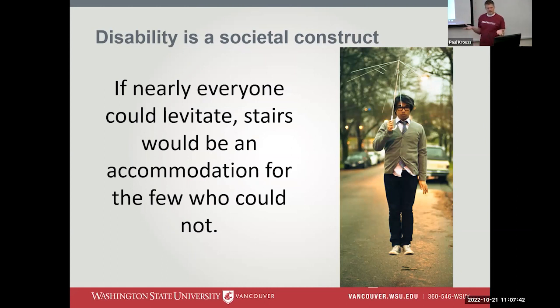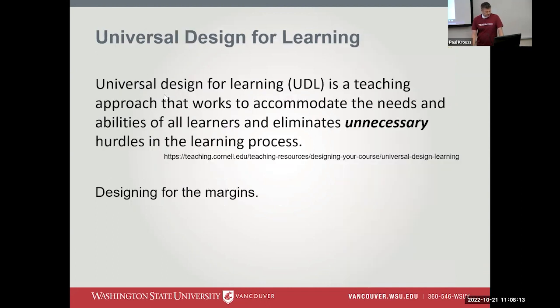If everyone, or nearly everyone, could levitate, then those stairs would also be an accommodation for the few who could not, right? So society decides what is a disability and what is not. And that means this idea about accommodations or removing barriers is really a spectrum. It's not just around making things easier for people with disabilities, it's for considering all barriers.